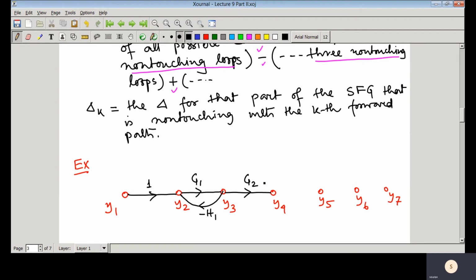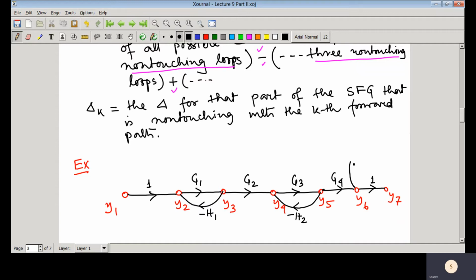Now actually I am replacing the gain with the transfer function. That means from node y3 to y4 the transfer function is g2, and as you know, we have already pointed out that those nodes are basically the variables. Now from y4 to y5 the branch gain is g3, and there is one feedback, this is h2, and here you have another gain that is g4, and here the gain is 1.